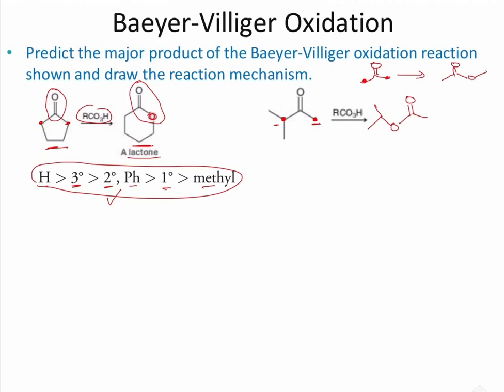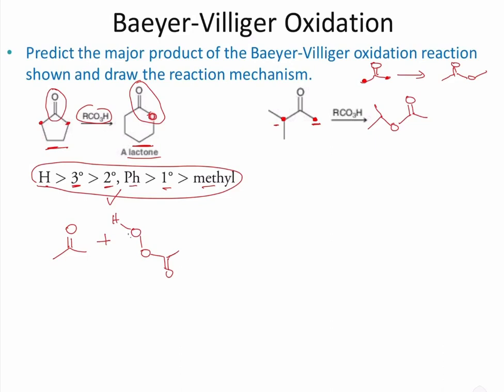Okay. What is the mechanism of this process? Well, let's look at what takes place. So we have that one. Let us use the simplest, like acetone plus peroxyacetic acid. So that is going to be attached to oxygen, which is going to be attached to that.